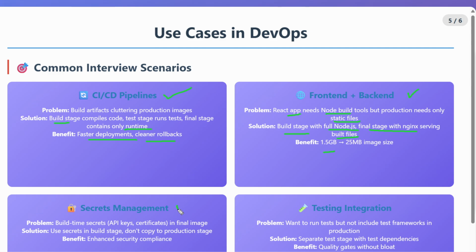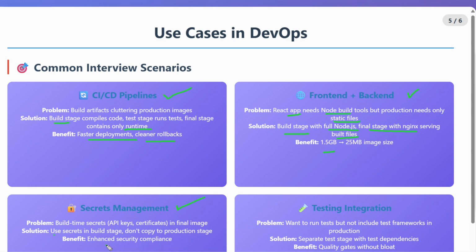And coming to secret management, we have a problem with build-time secrets like certificates and API keys ending up in your final image. The solution was to use your secrets in the build stage and not copy them to the production stage.